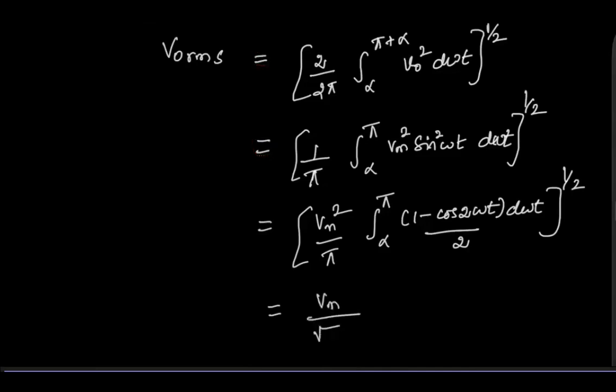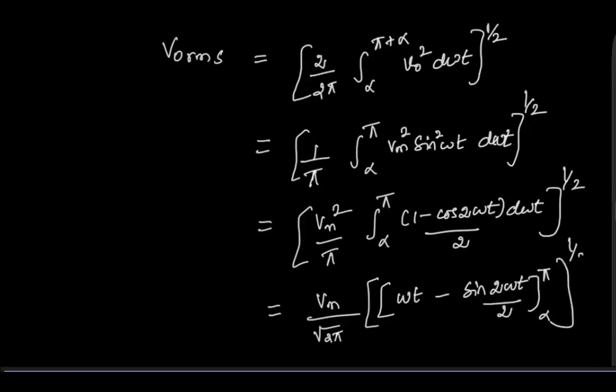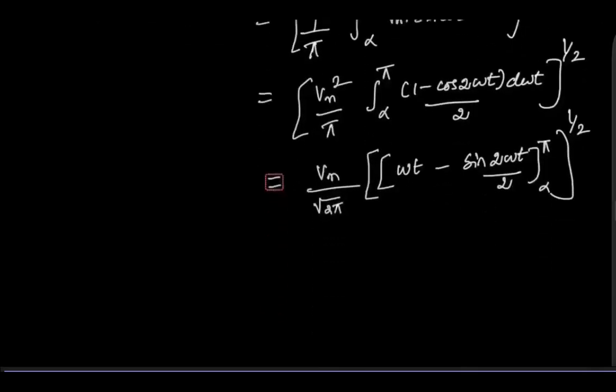Taking Vm square by 2 pi outside, we can write Vm by root of 2 pi into the integration of 1, which will be omega t, minus sine 2 omega t by 2, with limits varying from alpha to pi, to the power 1 by 2. Now we can substitute the limits. So Vm by root of 2 pi.